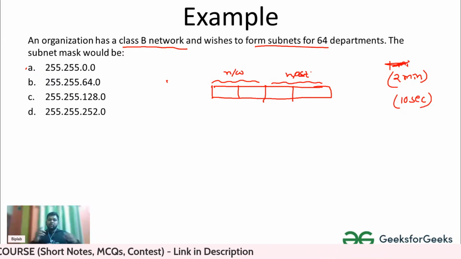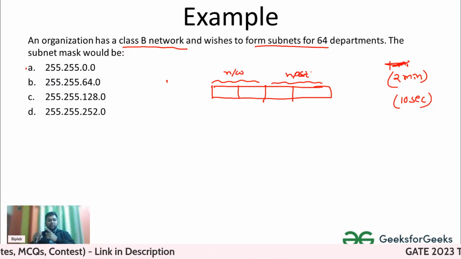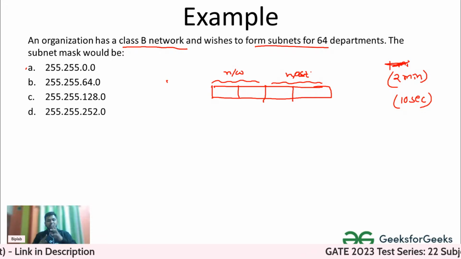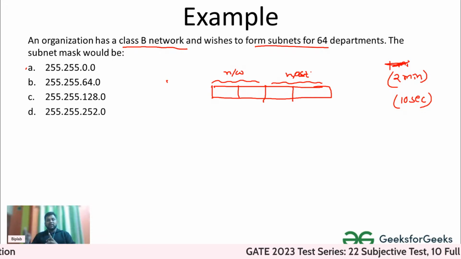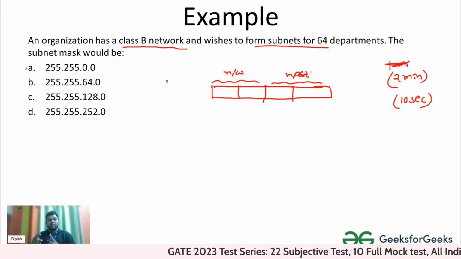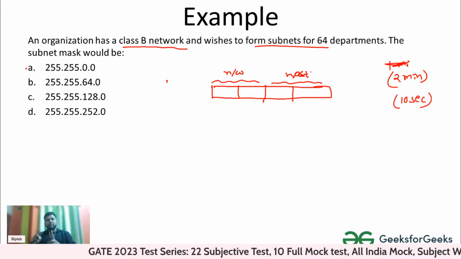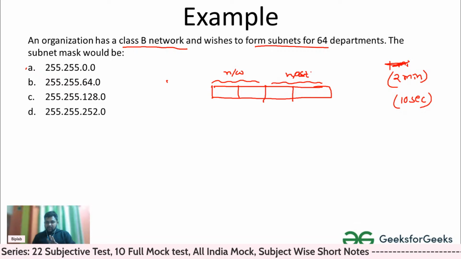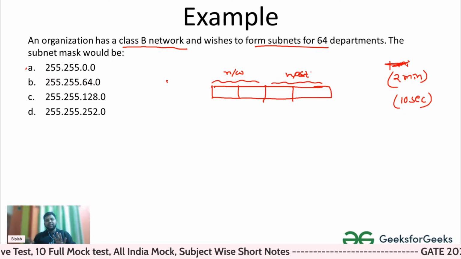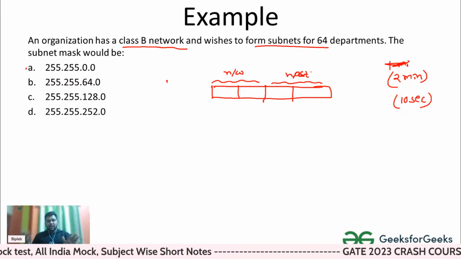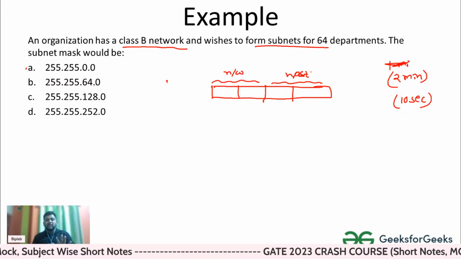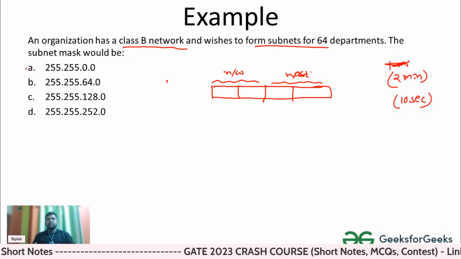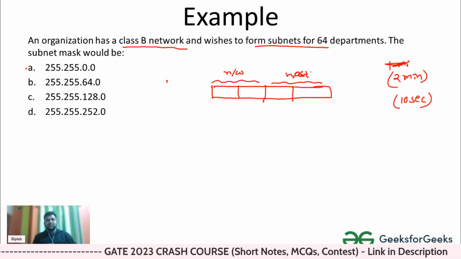Using one bit, we can divide it into two subnets. Using 2 bits, you can divide it into 4 subnets. Using 3 bits, 8 subnets, 4 bits, 16 subnets, 5 bits, 32, and using 6 bits, you can divide the whole network into 64 departments, 64 subnets.